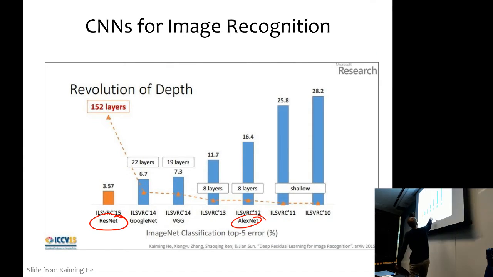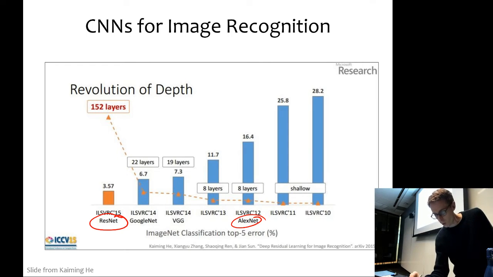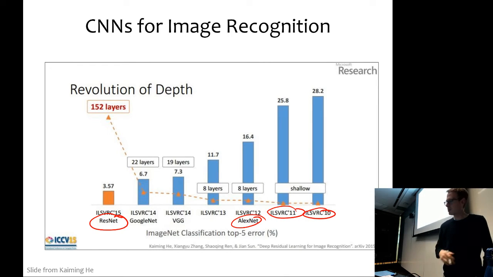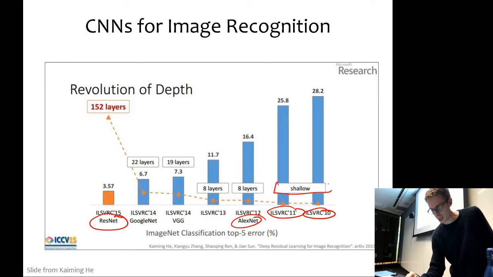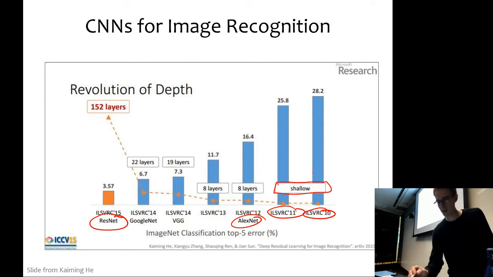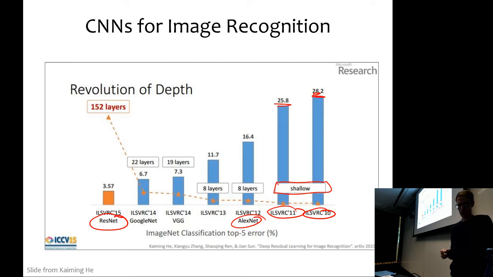That's showing its performance right here. It had 8 layers and got 16.4 error. The year before, the solutions had not used deep neural networks, so you couldn't really count them in layers of depth, and the error was much higher. So this was a huge improvement in 2012.